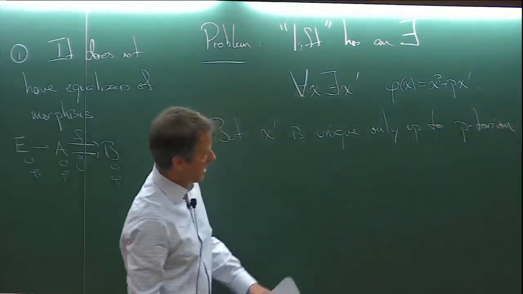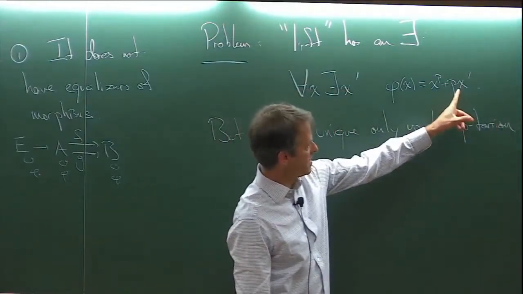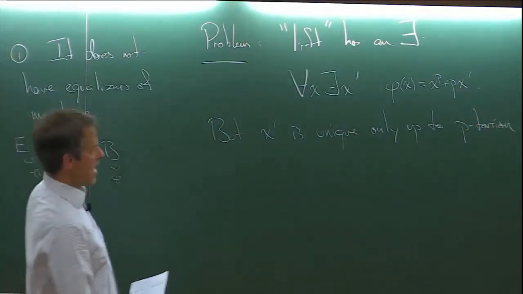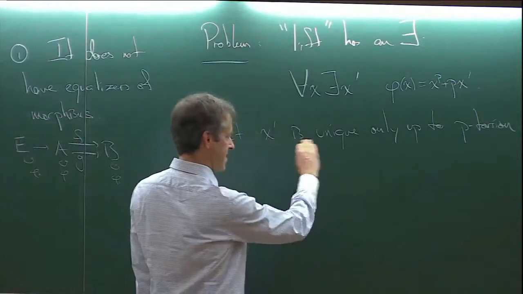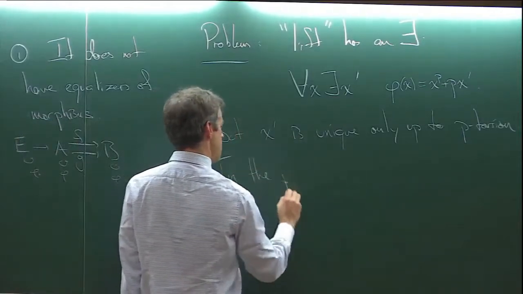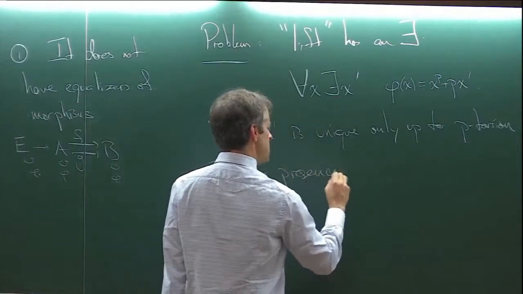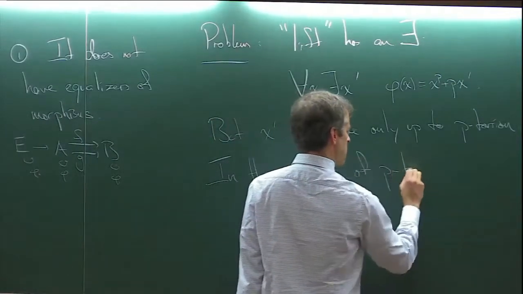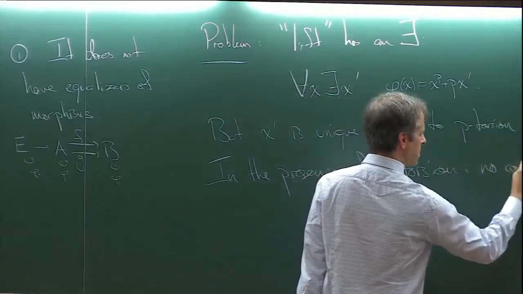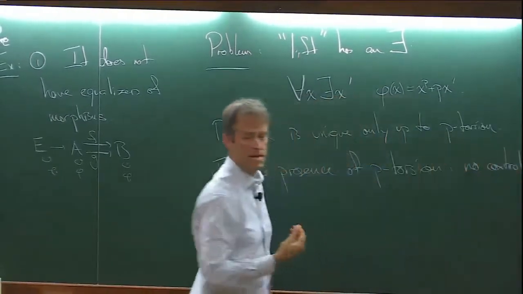Obviously, if you add a p torsion element to x prime, this equation will still hold. So in the presence of p torsion, you have no control over what this x prime is, which is bad.